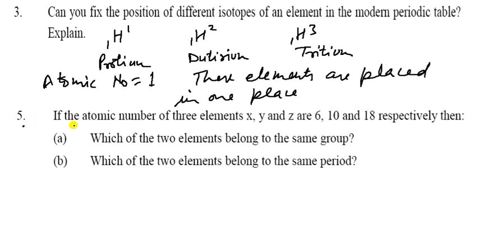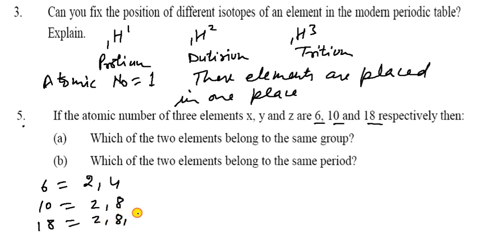Let us see here. The fifth one: if the atomic numbers of 3 elements x, y and z are 6, 10 and 18 respectively, then which of the elements belong to the same group? So you can write the electronic configuration. It is 2, 4, and what about 10? 10 is 2, 8, and what about 18? 2, 8 and 8.